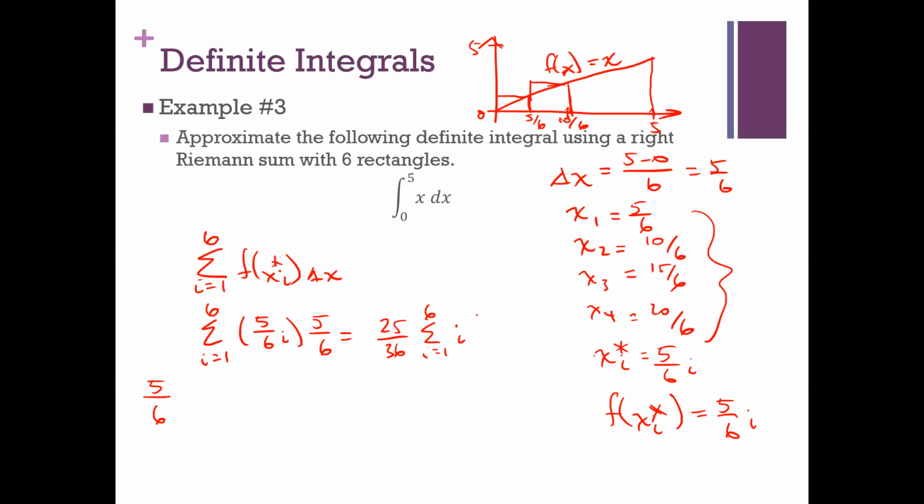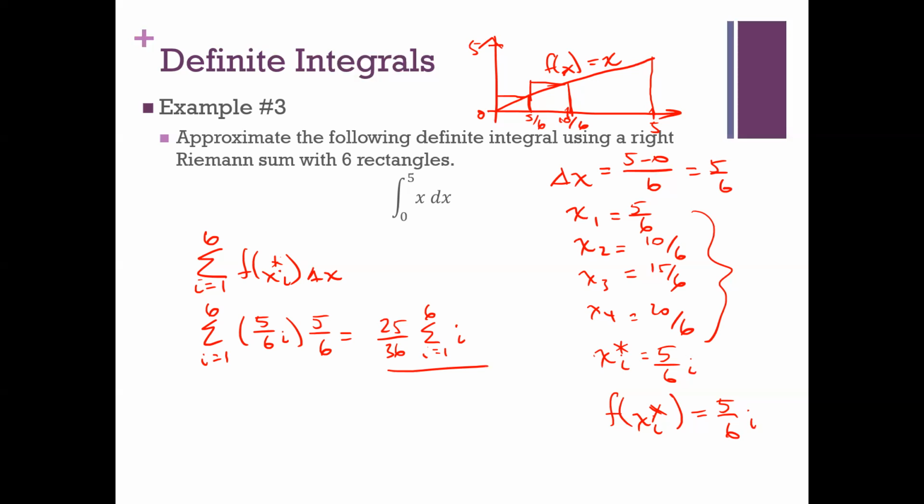Is that legal? Is 5/6 a constant? Yes. Is the other 5/6 a constant? They're both constants, right? What's the variable? i. So I have to leave that one inside the summation. But because of that, I can think of this as 25 over 36 times that sum.